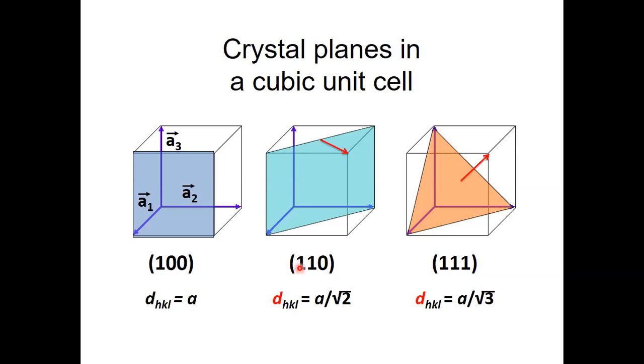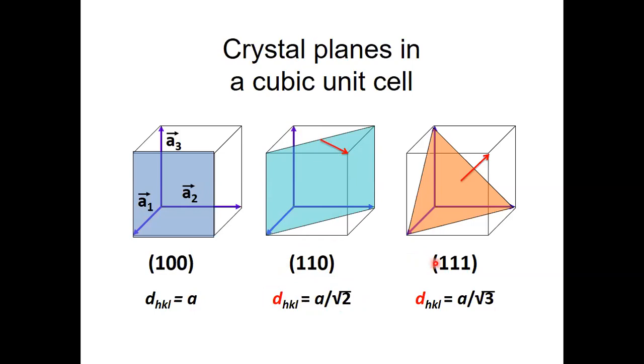So for the 1, 1, 0 reflection planes, the relationship between the interplanar distance and the unit cell parameter is 1 over the square root of 2. That is because the interplanar distance is equal to half of the face diagonal within a cube.